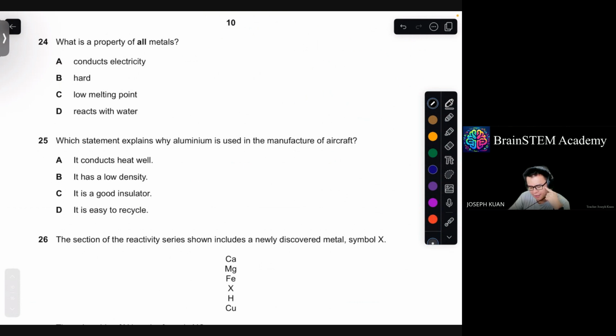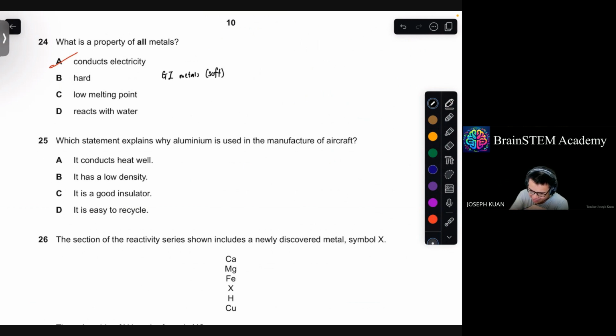Now, the best answer out of this is A. We know that all metals conduct electricity, although the conductivity scale depends. Hard, not exactly, because alkali metals like group 1 metals are soft in nature, like sodium. If you have done it in the lab, you cut it, it's pretty soft.